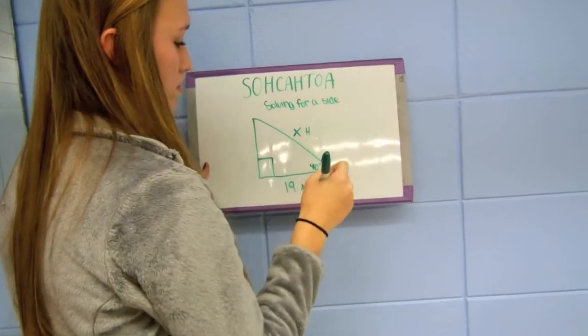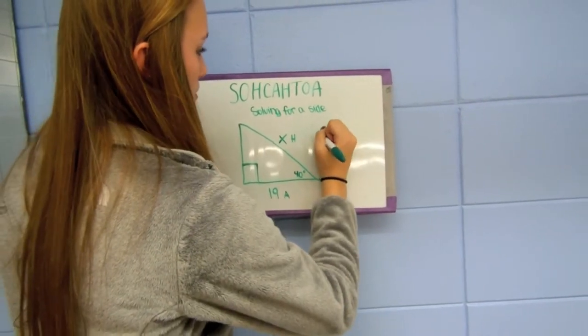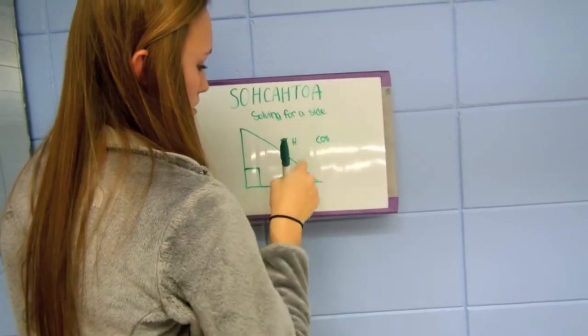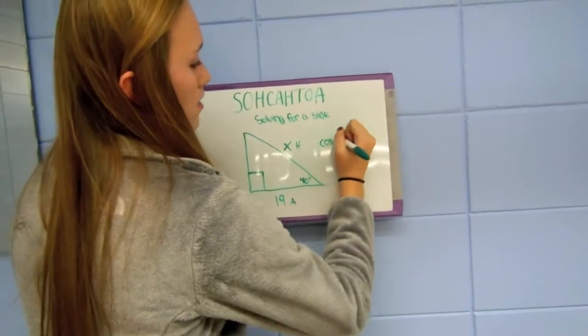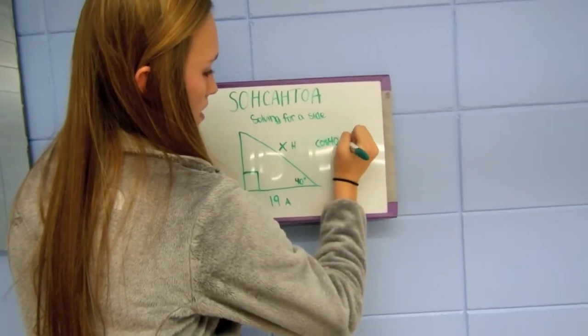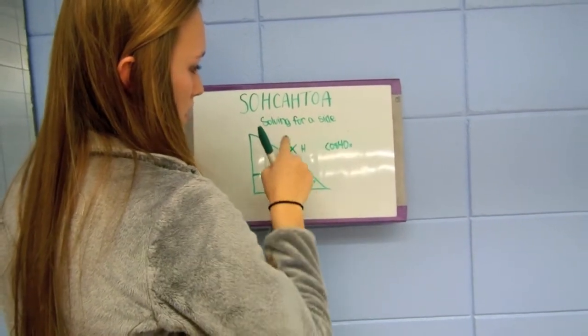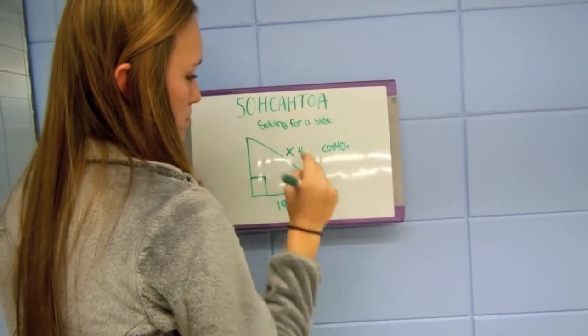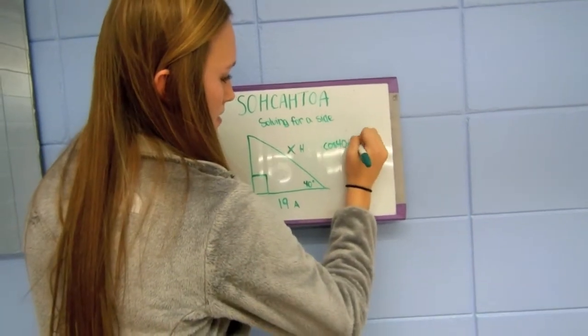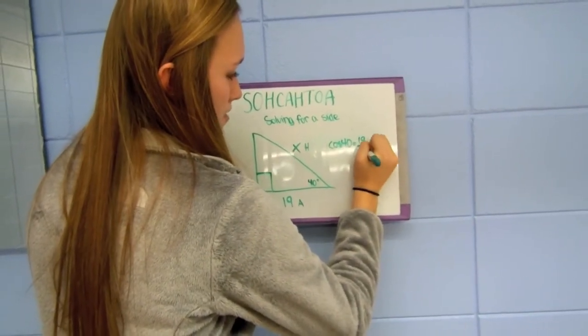Then you write out cos, the angle, which is 40, equals adjacent, because adjacent comes before hypotenuse, so 19 over x.